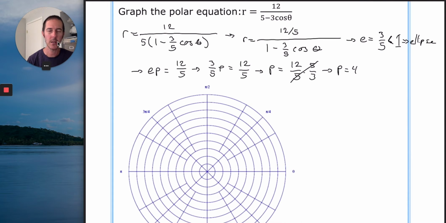If you can squeeze that into your notes. And this is the distance from the focus, the pole, to the directrix.